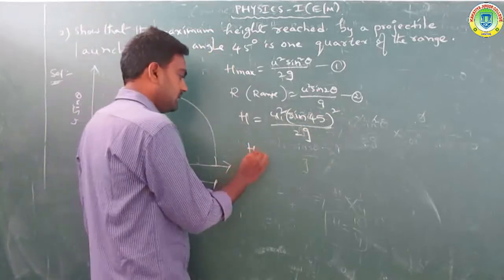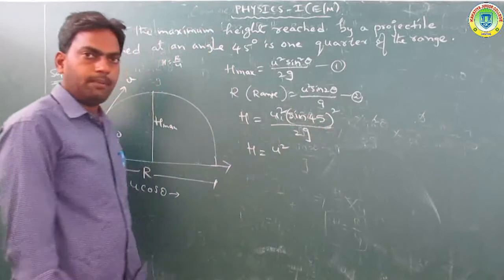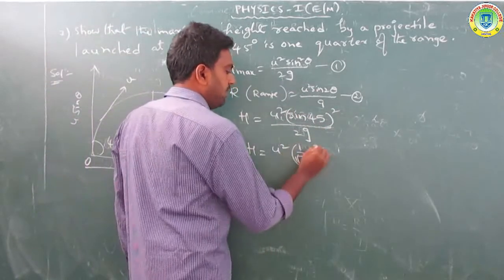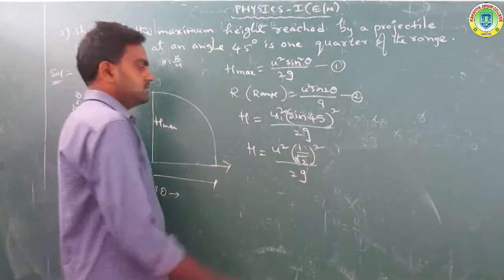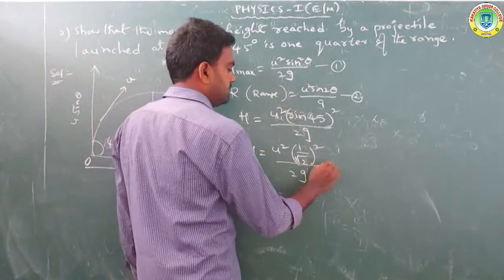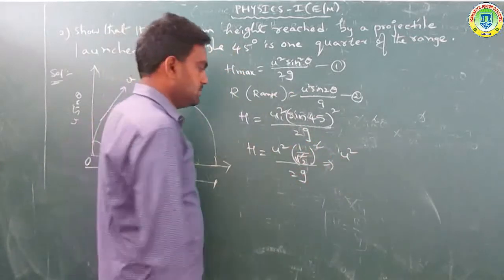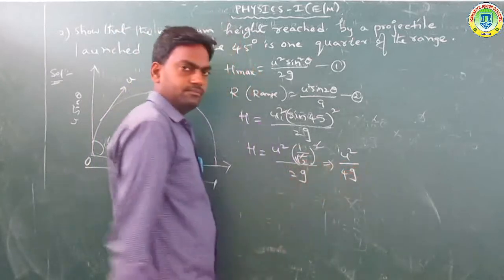Sin 45 is equal to 1 by root 2, so 1 by root 2 whole square by 2g. The square and root cancel, so the remaining equation is u square by 4g.